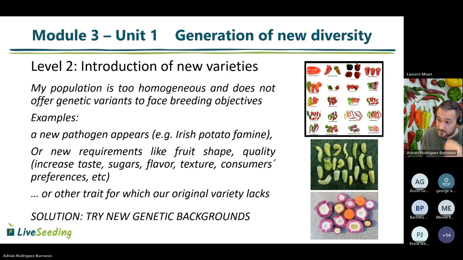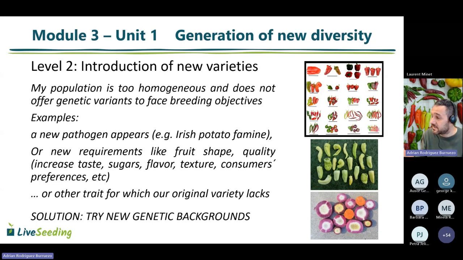Then, as examples, imagine a new pathogen appears and my population is quite sensitive, like the Irish potato famine case. Or it is not the case of a new pathogen, but maybe new requirements from a farmer or a breeder.